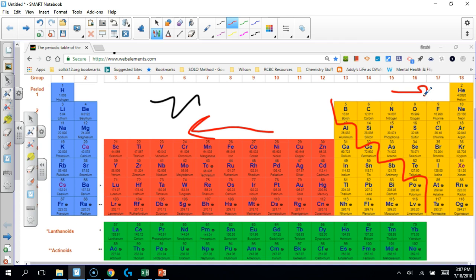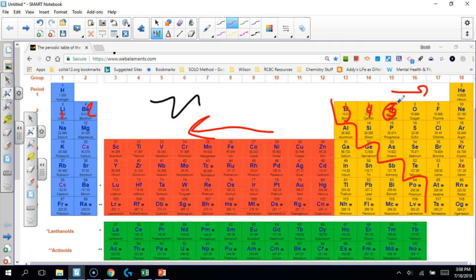If we take a look at nitrogen, nitrogen has 7 electrons. It wants to have 8 in its valence, and right now it has 1, 2, 3, 4, 5 in its valence.